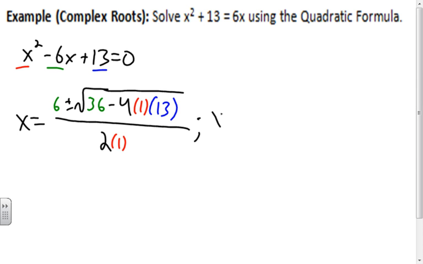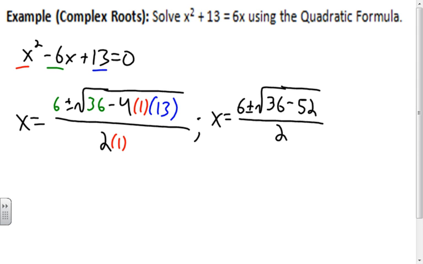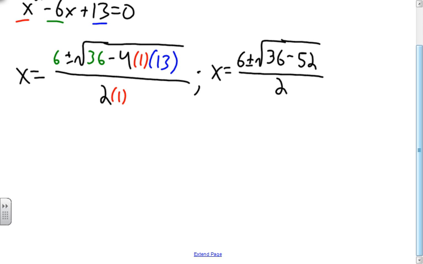Simplify that down, we'd say x equals 6 plus or minus square root of 36 minus 4 times 1 is just 4 times 13, which is 52, all over 2 times 1 is 2. Simplifying that down some, we get x equals 6 plus or minus square root of 36 minus 52, which is actually going to come out to negative 16, all over 2 still.